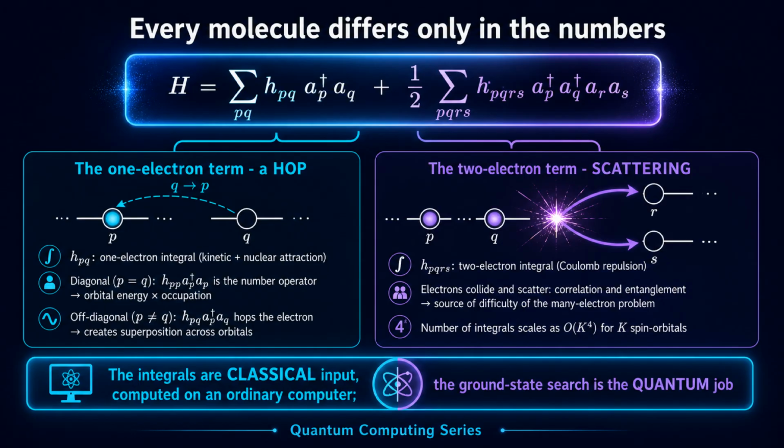The diagonal case is the number operator, an energy cost for merely occupying that slot. The 2-electron operator describes 2 electrons scattering into new orbitals, with a coefficient arising entirely from Coulomb repulsion. The integrals are classical input. The ground state search is the quantum job.